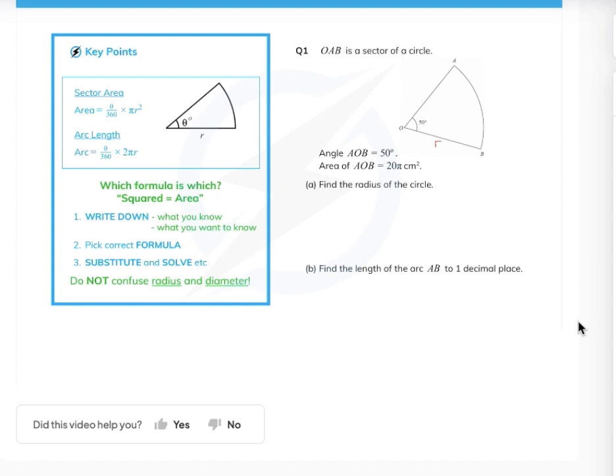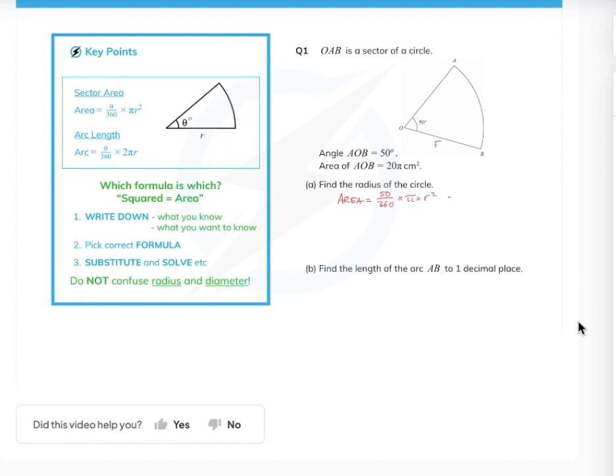We know the area is 20 pi, and so we want to write down the formula for the area of a sector. So area is equal to theta, which is 50 over 360 times pi times, well, r squared.